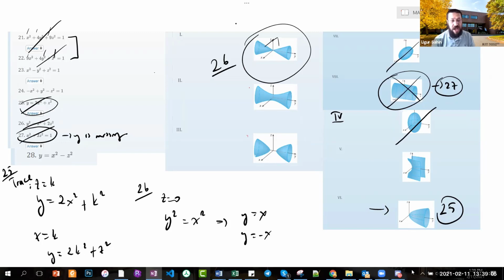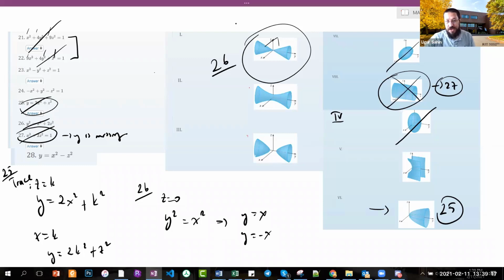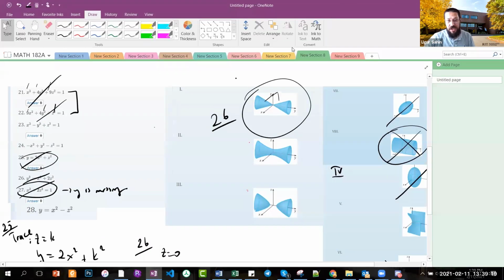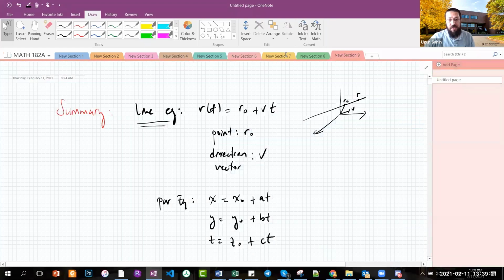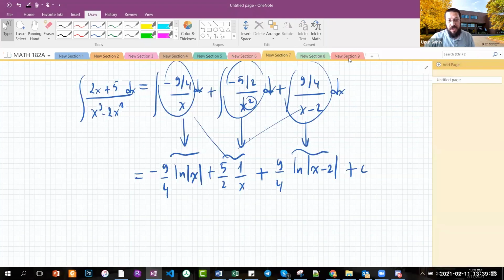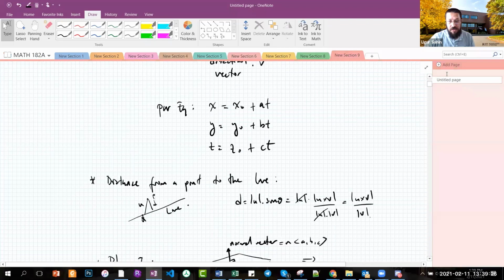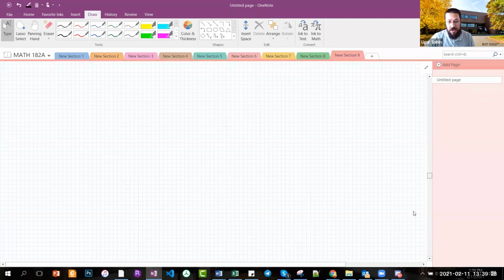If you look at the table, when one or two of them are negative, they were the hyperboloid, right? Hyperboloid. Let's remember the table. Just check out the table. Where is my table? Who stole my table?